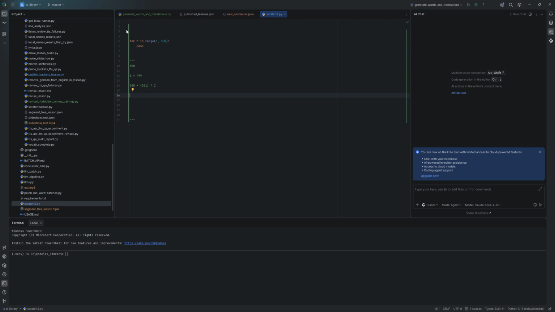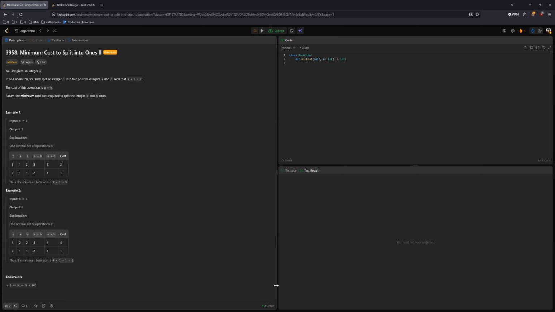That's if you split it into 1 every time. That might be times 499, but you get the idea. Now, if you split it in half, then that's going to initially double your cost, but it's going to reduce the number of times that you have to do it. Let's come back here.